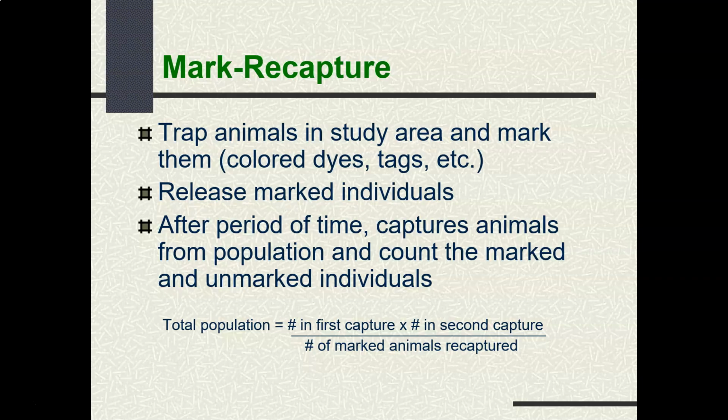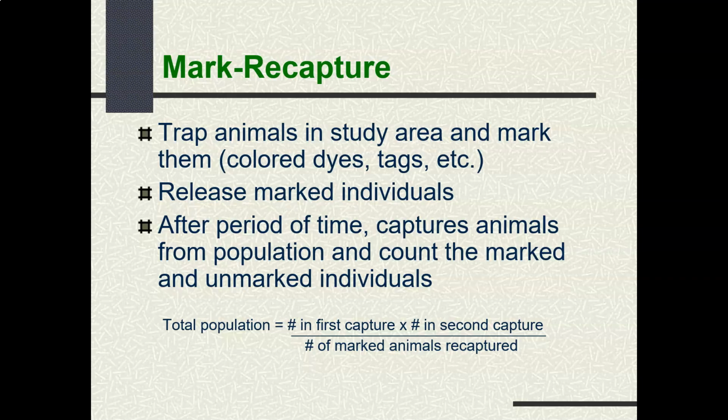You can do something as simple as a little bit of nail polish on an organism if it's not going to be exposed to the elements for too long. We do a lot with GPS and radio tracking tags now. And the idea is when you trap a subset of those individuals within your population and you mark them in some way, you're then going to turn around and release those individuals back out into the wild.